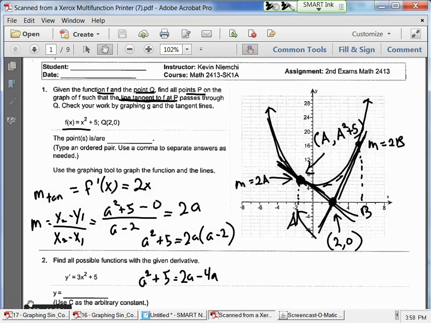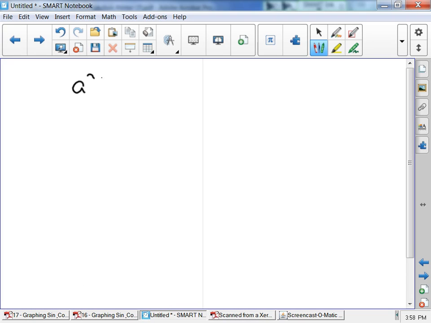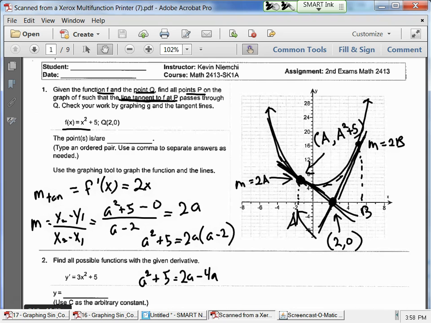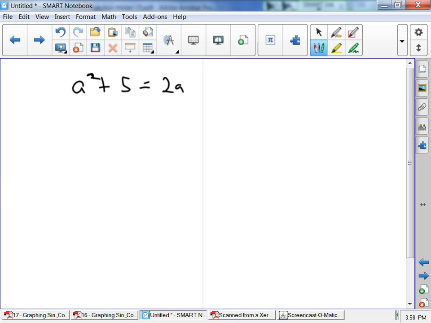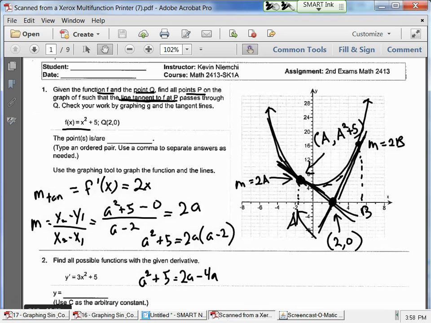I forgot to put the square up here, but I've fixed it: a squared plus 5 equals 2a squared minus 4a. There.